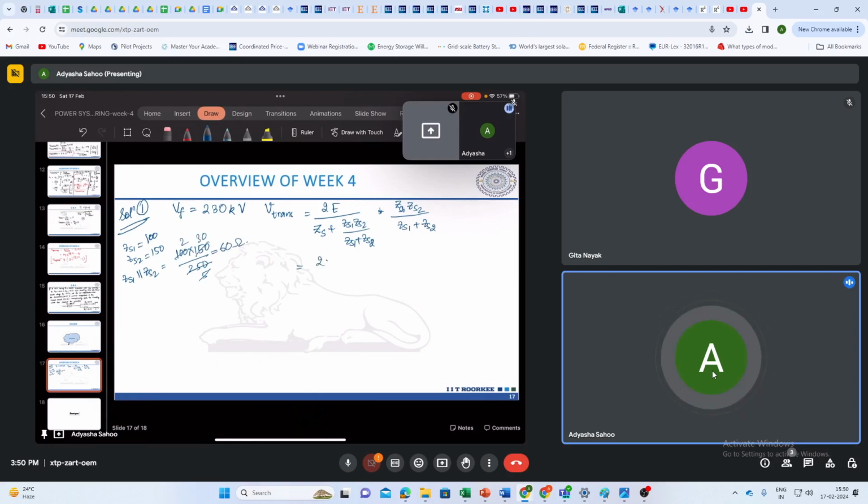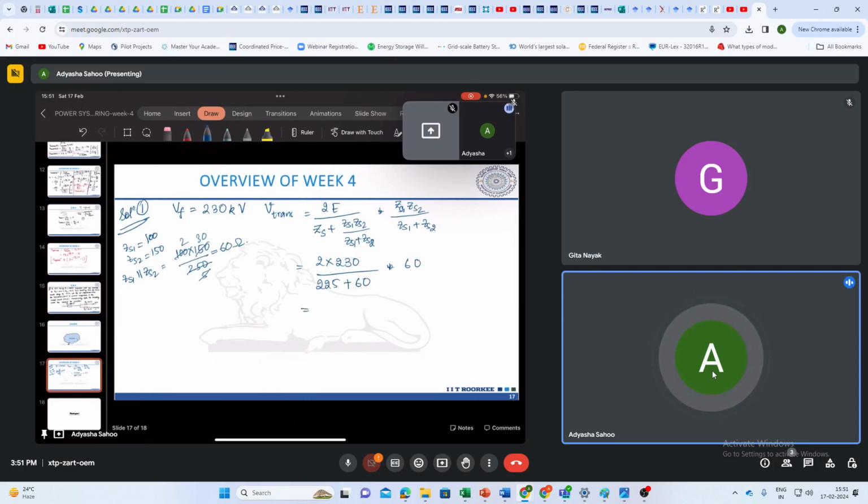So 2 into 230, this is in kV, and ZS was 225. So 225 plus 60, into 60.